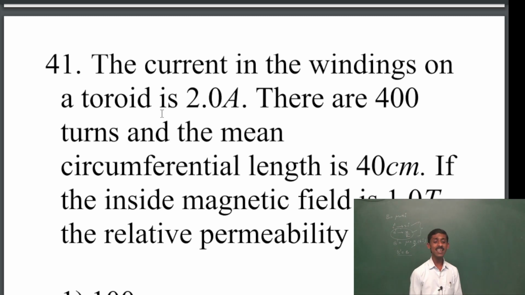The mean circumferential length, circumferential length meaning the circumference of the circle, the total length of the perimeter of the circle, is 40 centimeter. If the inside magnetic field is 1 Tesla, the relative permeability is nearly.